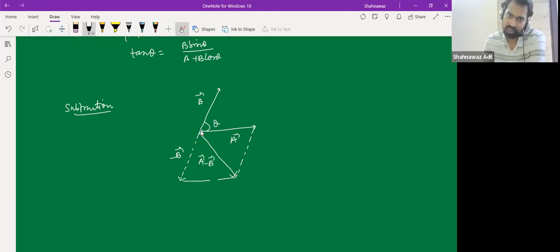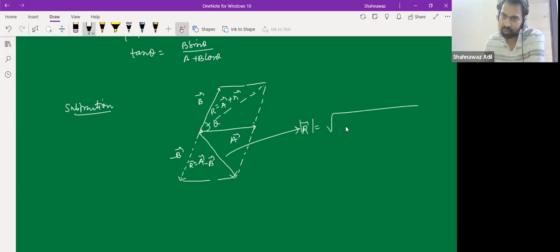So just see that this is A plus B, right? And this is A minus B. Okay. And what is the magnitude of this subtraction? This is A square plus B square minus 2ab cos theta.